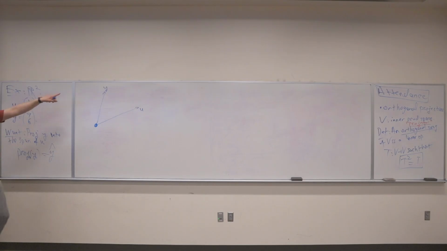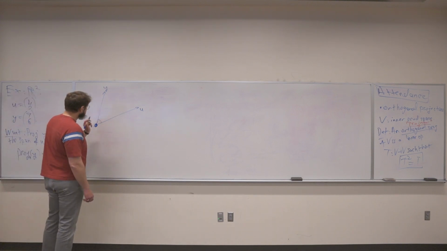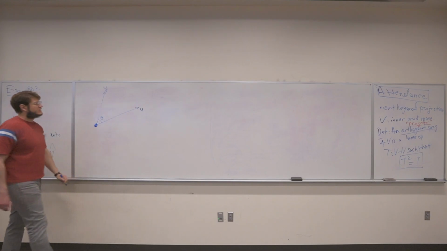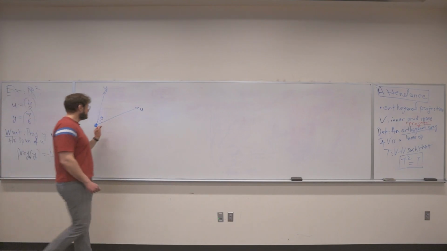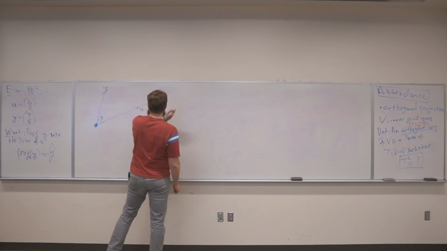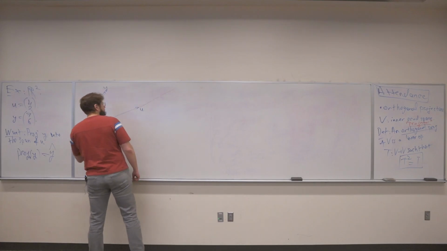So indeed, y is not going to be in the span of u. The picture is like this, and they have some angle between them. Let's call it theta. When I look at the span of u, I get the whole line spanned by u.